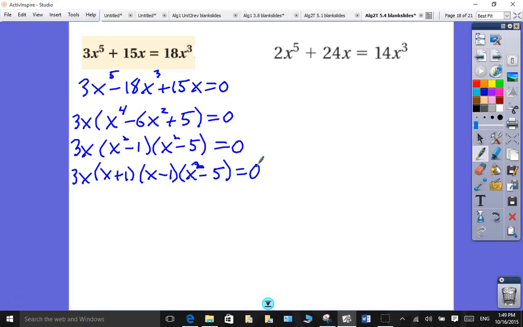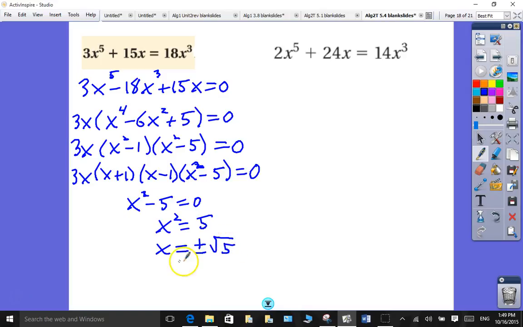What's the solution that comes from this factor? Negative 1. What's the solution that comes from this? 1. And then that one, if you need to solve it, x squared minus 5 equals 0, so x squared equals 5, so x equals plus or minus the square root of 5.